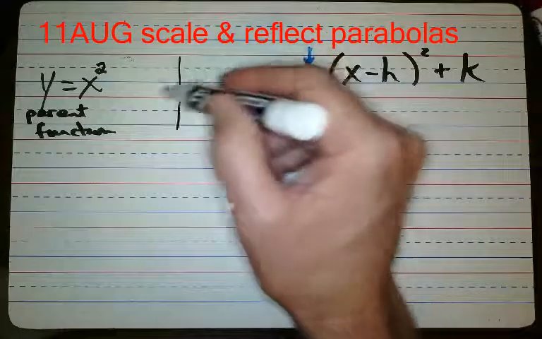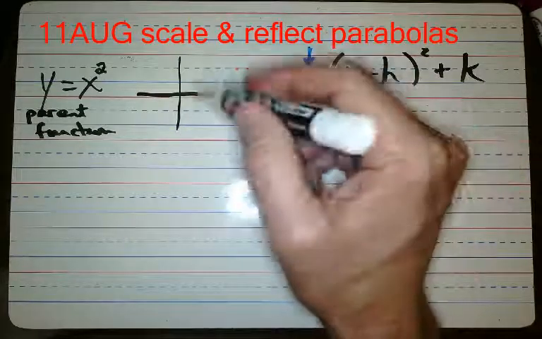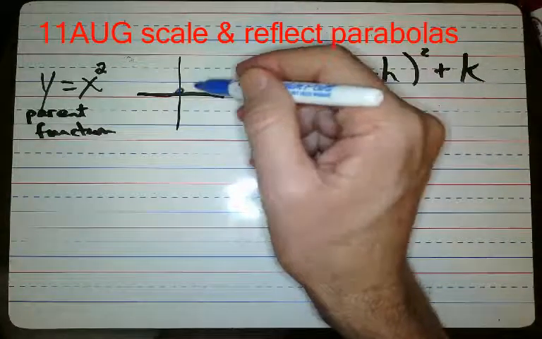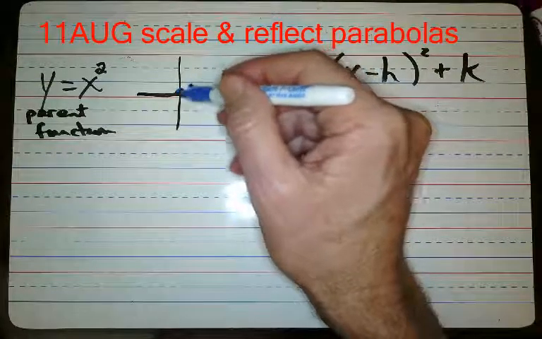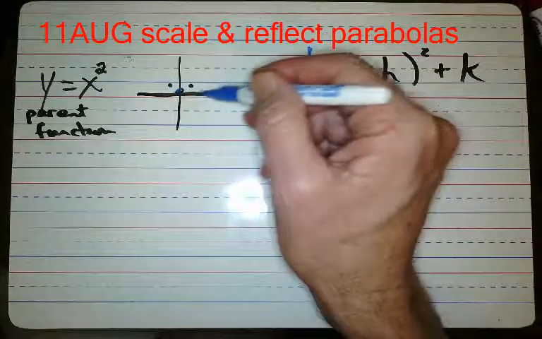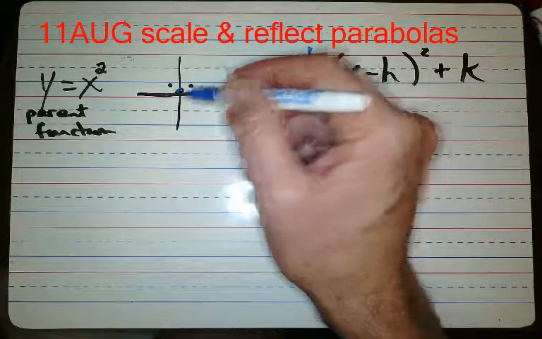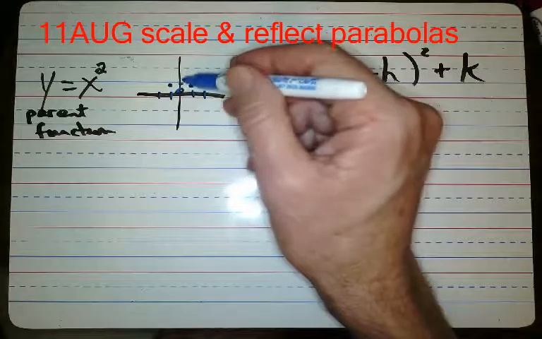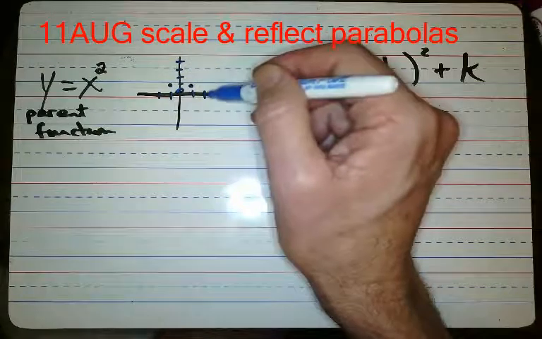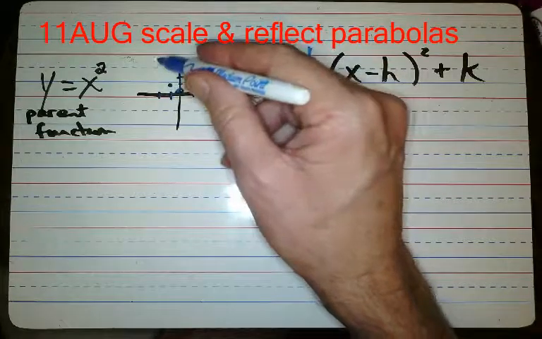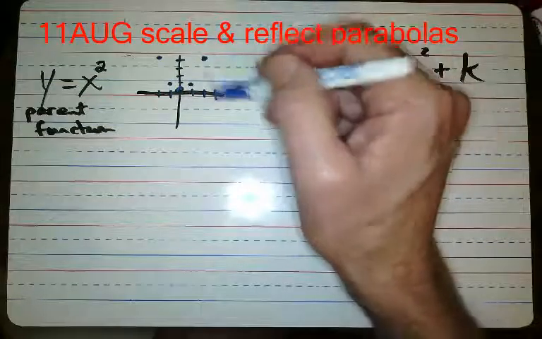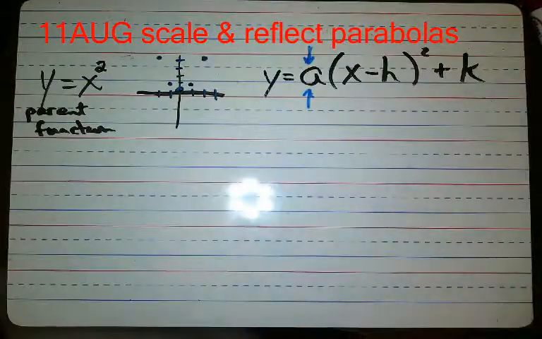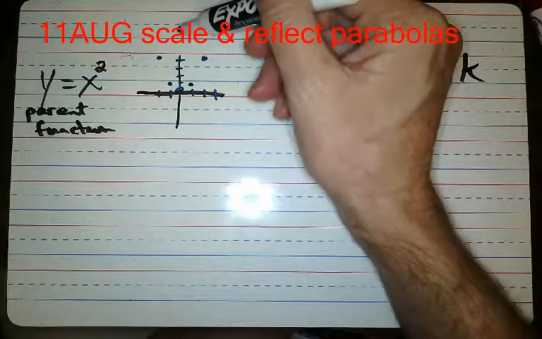It starts right at 0, 0, and then over 1, up 1 on one side, over 2, up 4, and we could even go over 3 and up 9, so my graph can continue. It goes forever.